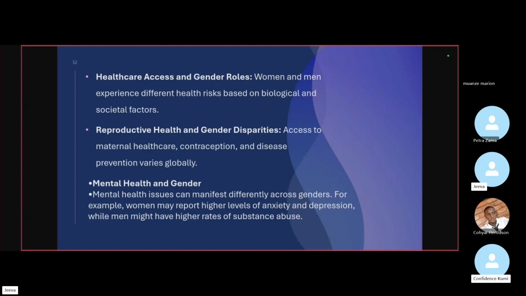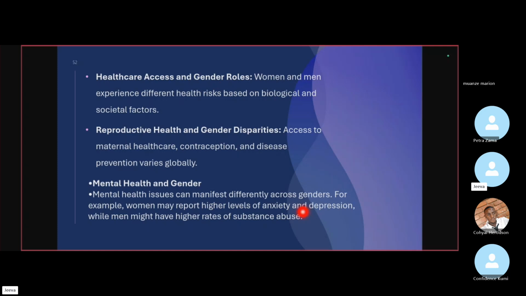In a study, you can see women have a high level of anxiety and depression, while men have a high rate of substance abuse, like alcohol and all kinds of abuses, and their rate of death is higher compared to women. Women have a lot of restrictions; they tend to live inside the houses and get less chance to go to hospitals, whereas men who work outside have more access to the healthcare system.